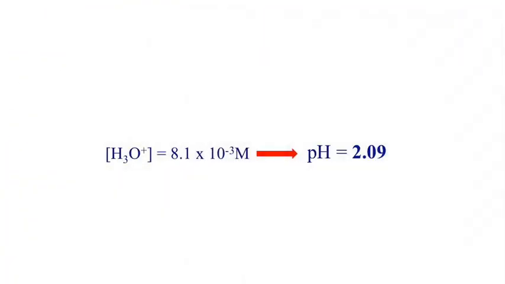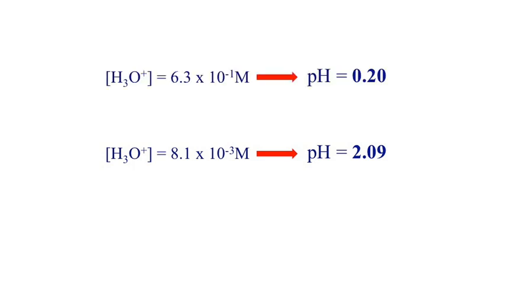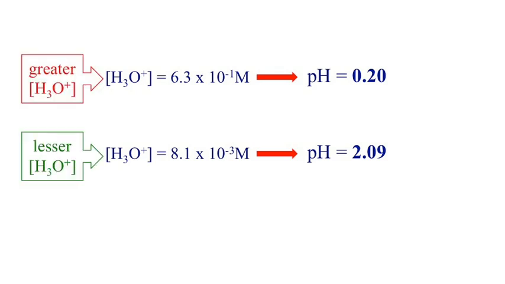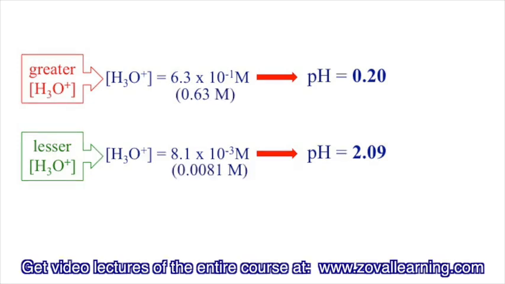I want to draw your attention now to another important point. In this problem, the hydronium ion concentration was 8.1 times 10 to the minus 3 molar, and in the previous problem, the concentration of hydronium was 6.3 times 10 to the minus 1 molar. Let's compare the magnitude of these hydronium ion concentrations. I've written these values in standard notation just to help you see that 8.1 times 10 to the minus 3 is less than 6.3 times 10 to the minus 1.